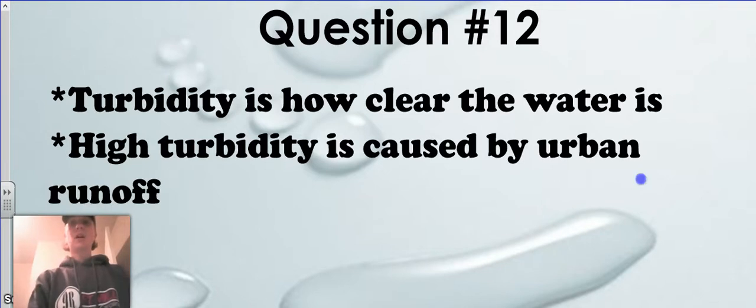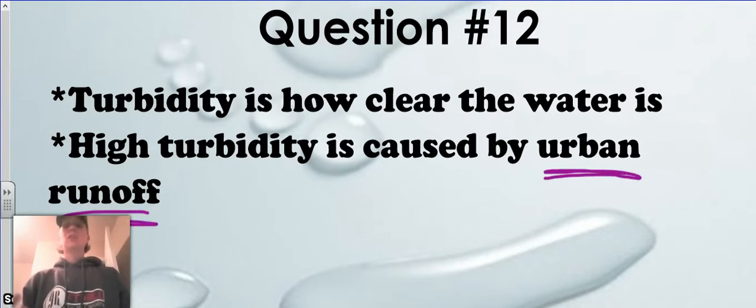This is often caused by high urban runoff, which is anything that drains out of your car, any fertilizers or pesticides that you put on your lawn, or when you wash your car. It's going to drain down your driveway and into the water, and it can get to a river or a lake, and this could lead to turbidity.